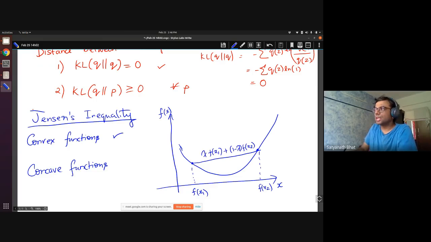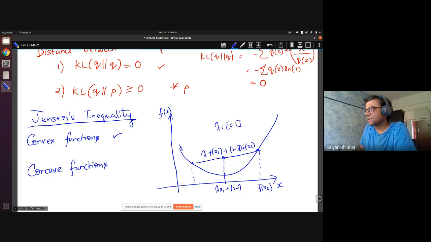If you put lambda equal to 1, you will get this point. If you put lambda equal to 0, you will get this point. So lambda has to be a value between 0 and 1. As you vary this, you will get a line connecting these 2 points. I'm sorry, I have made a small mistake here.